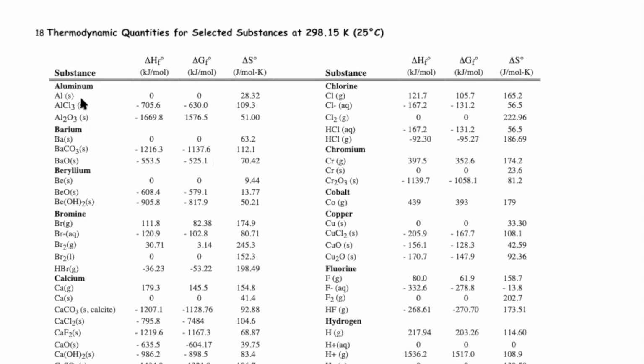Here's aluminum chloride. You can see the entropy in this case, but that's a solid. That's 109.3. It doesn't give you the aqueous, but the aqueous would be a negative value. I don't know if that's found in your book.